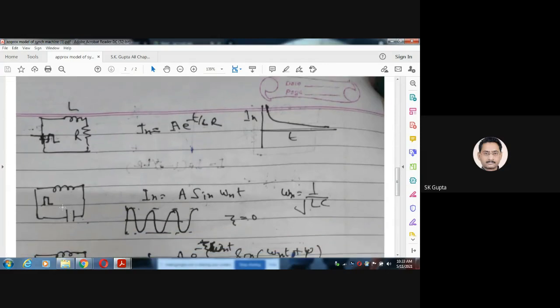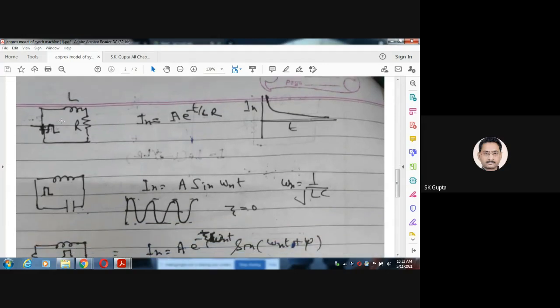Now, when there is a C and R, then what type of natural current? Now let us take when there is only inductance and capacitance. When some disturbance comes, when some pulse is given into this circuit with only inductance and capacitance, what will be the current flowing? Current flowing is given by IN.